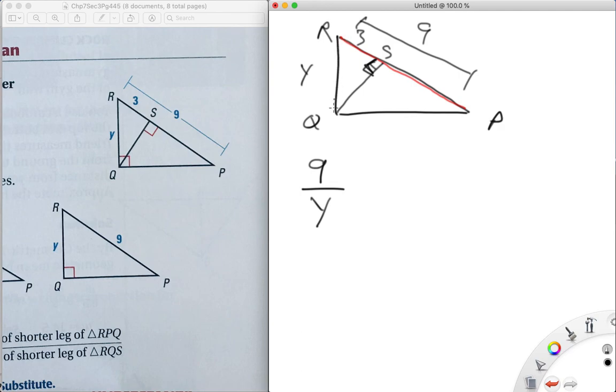The hypotenuse of the smallest triangle touches this part right here. The hypotenuse of the smallest triangle touches the hypotenuse of the biggest triangle over here at RS.